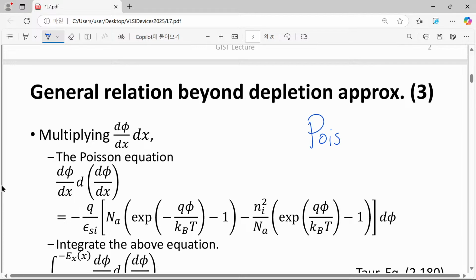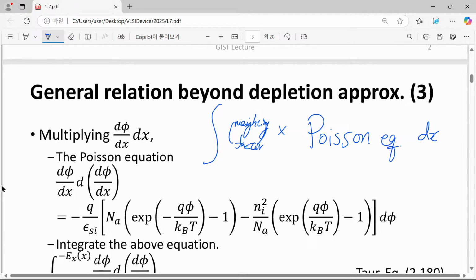Now I'm saying that we multiply by something, a certain position-dependent weighting factor, and after that integrate over the entire simulation domain or our MOS domain.